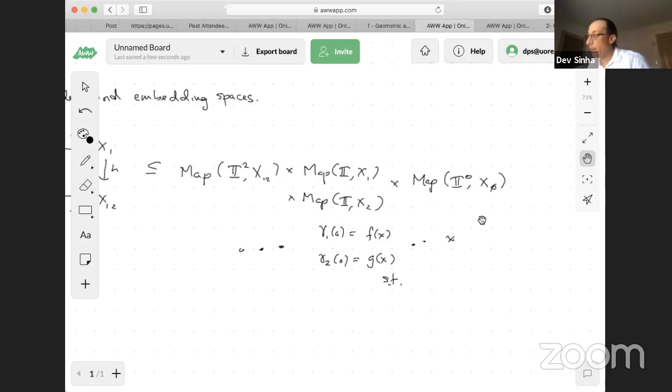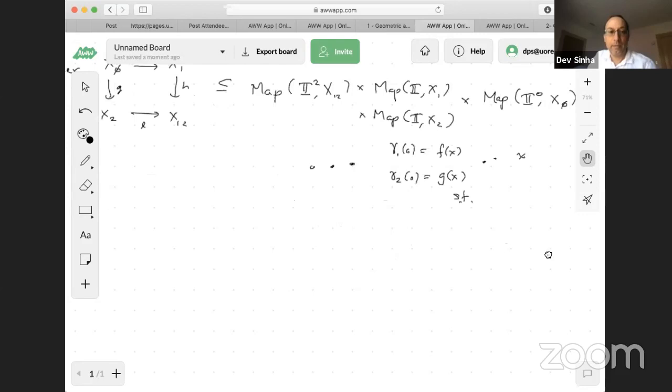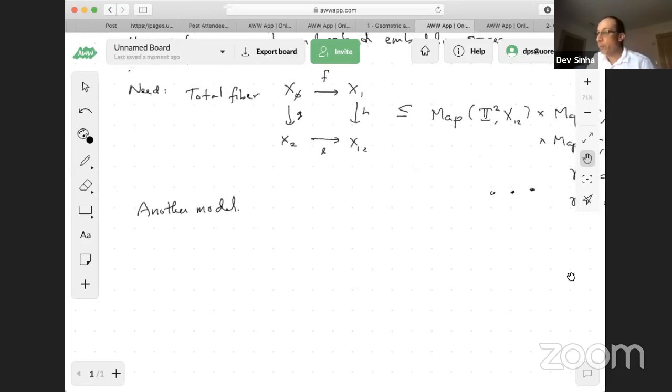But then here's another model, which will be useful. Namely, well, first define, I'm going to be very limited in my definition of holim, not general at all. Let me put that down here too, just for space.